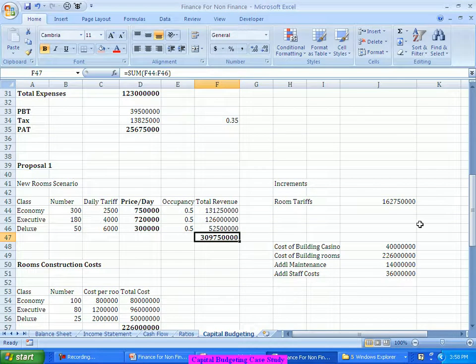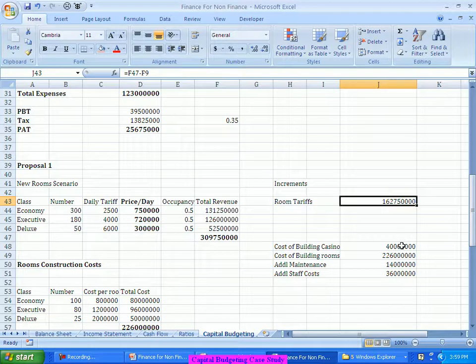So the difference is 30.97 minus 14.7. The original 14.7 crores. When no modification was done, you are getting 14.7 crores from the room tariffs.